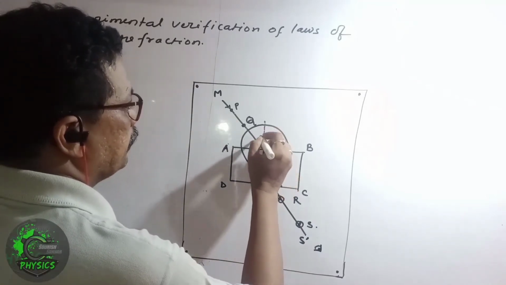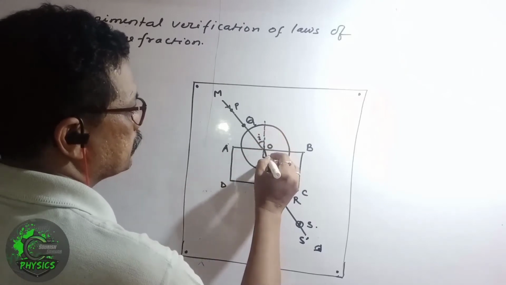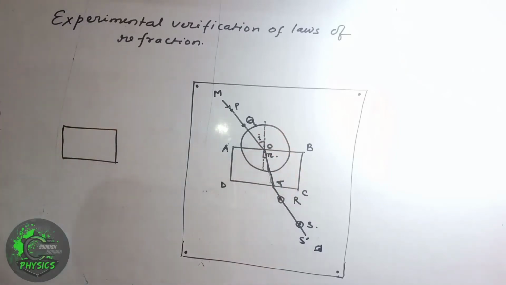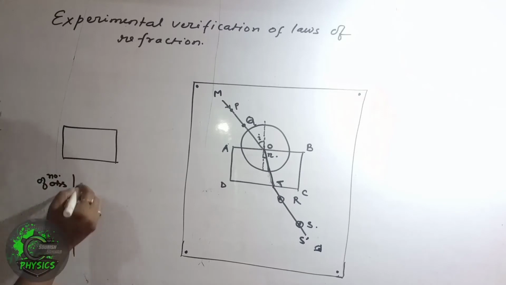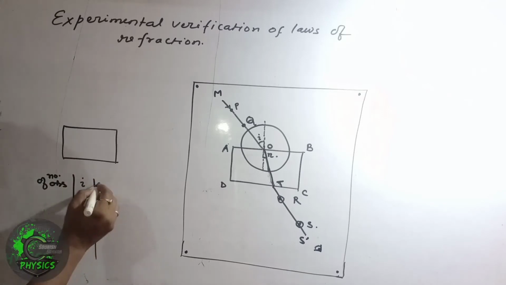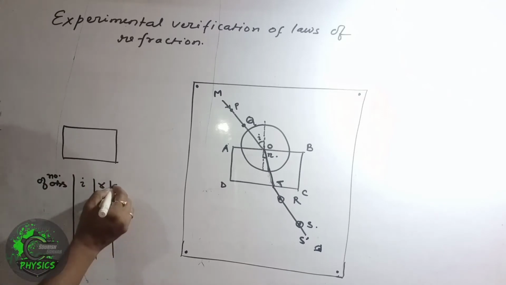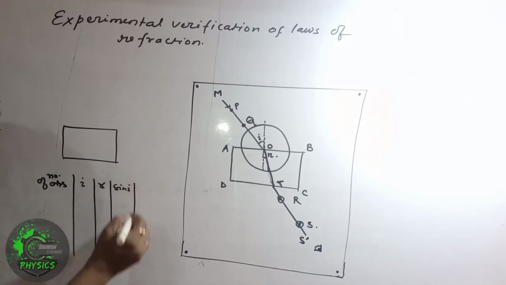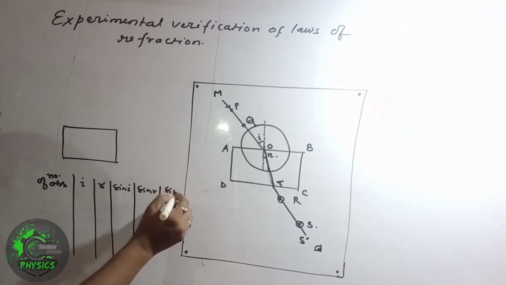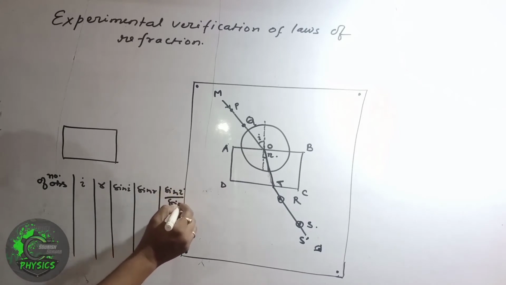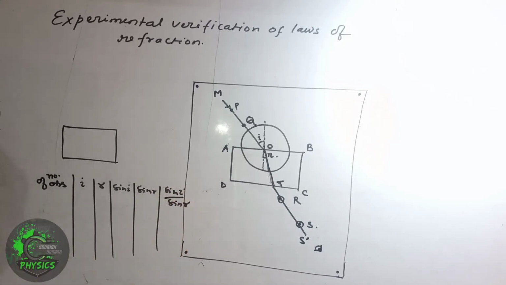So this angle is I, this angle is R. So we make a table like this: number of observations, I angle of incidence, R angle of refraction, sin I, sin R, and then sin I by sin R. This way we make a table.